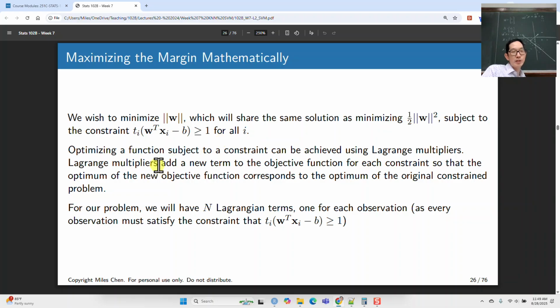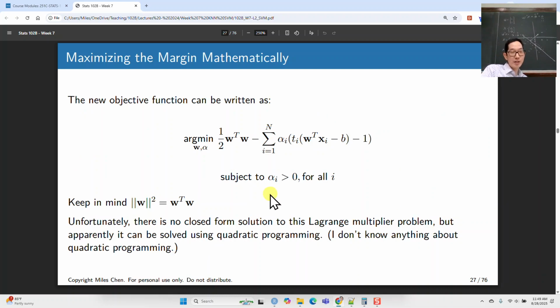We're going to have a Lagrange multiplier for every constraint, so a whole bunch of Lagrange terms, basically one for every single observation, because every observation forms a constraint in that it has to be classified correctly.